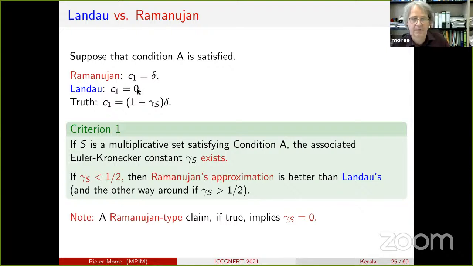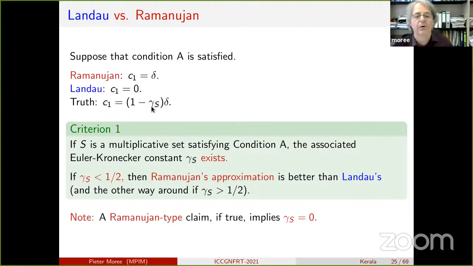Landau would give you 0, because we only look at the first term. We saw that the truth is 1 minus the Euler-Kronecker constant for S times delta. So these are the three things. And now the question is, which of those constants is closer to this number?